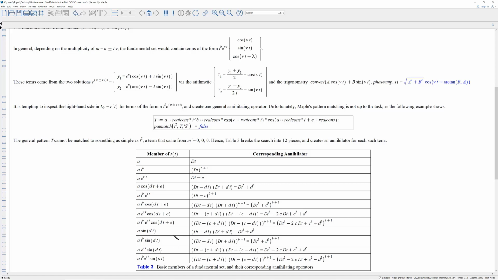If it's just a sine, it's going to look like what you did for a cosine. And if there's a t times a sine, it's going to look like what you did for t times a cosine. If there's an e to the ct times a sine, it's going to be just like what you did for e to the ct times a cosine. And if this is a t times e to the ct times a sine, it's going to look like what you did for the cosine.